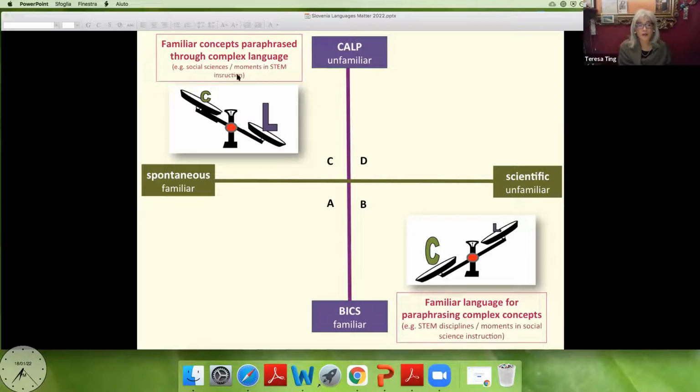Now, here, social sciences and some moments in STEM instruction. Here, on the other hand, we have STEM disciplines and moments in social science instruction. So, this is where we are counterbalancing. But these are typical of what we do.